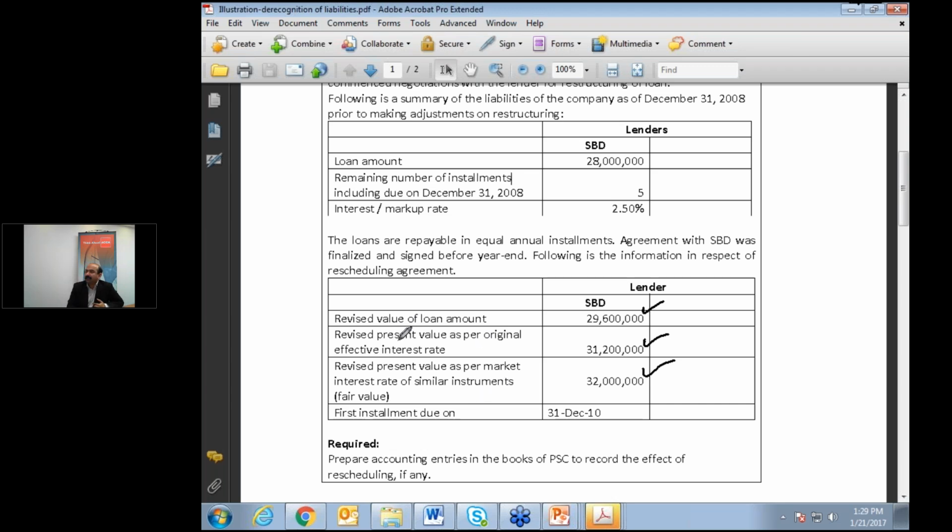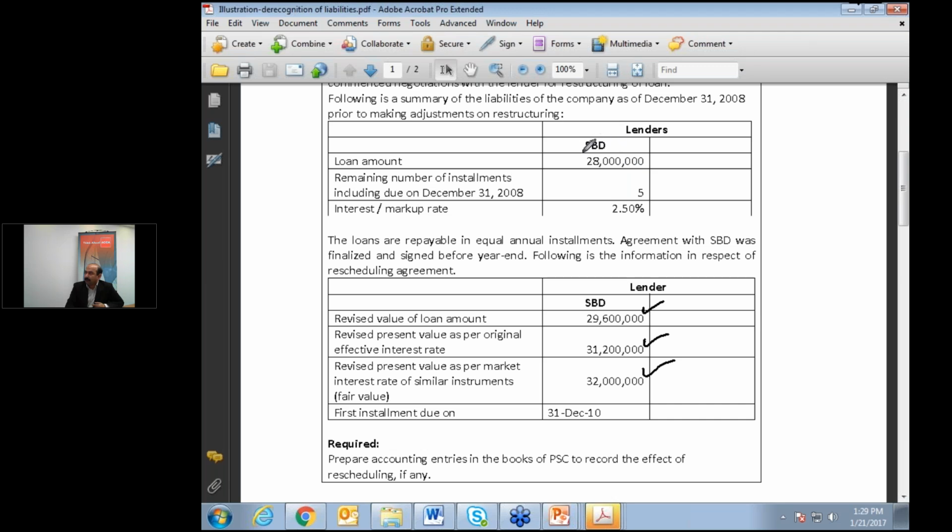And revised present value as per original effective interest rate 31, revised present value as per the market interest rate of similar instruments, that is 32 million.